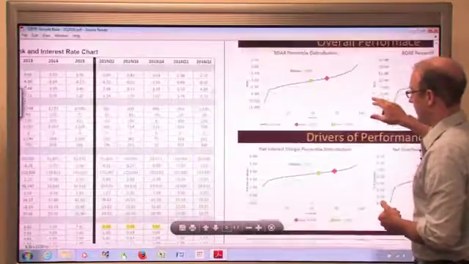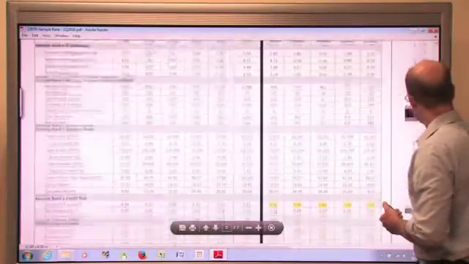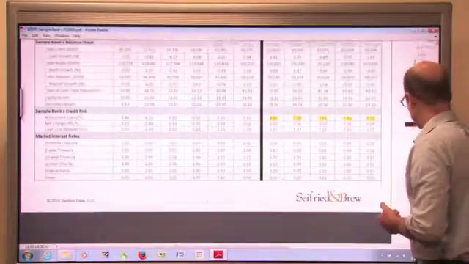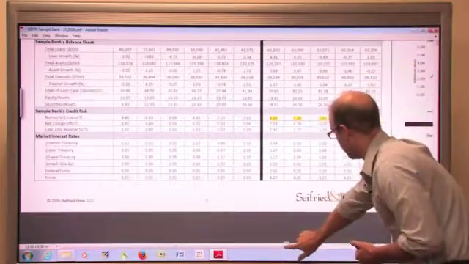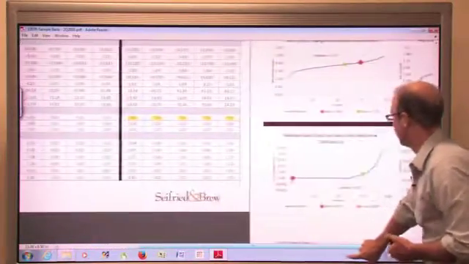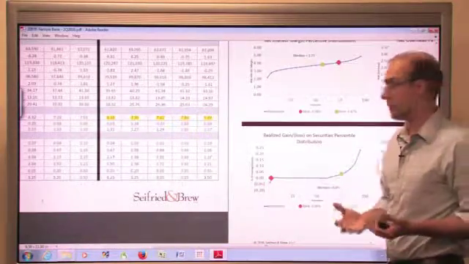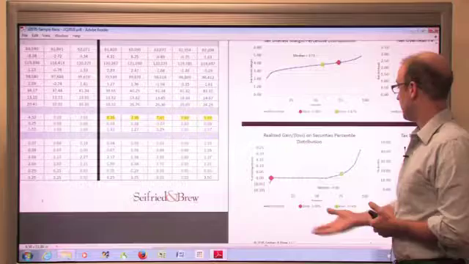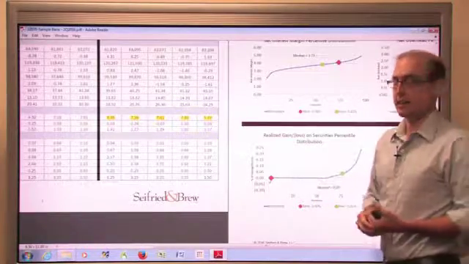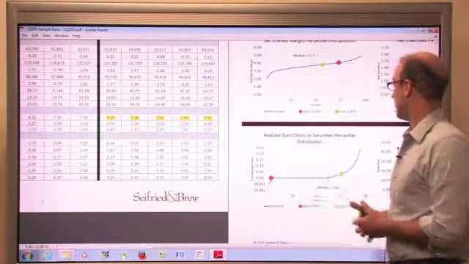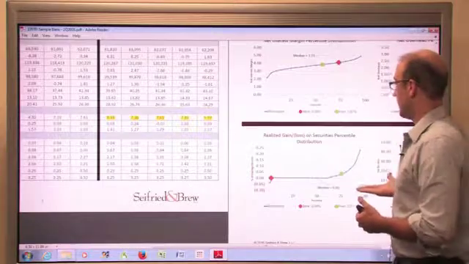Other things we look at, we don't particularly like, of course, extraordinary gains or extreme security gains or losses in any particular quarter. Here we're looking at that, and this bank has not had any realized gains or losses. So they're kind of on that flat line in the benchmark.